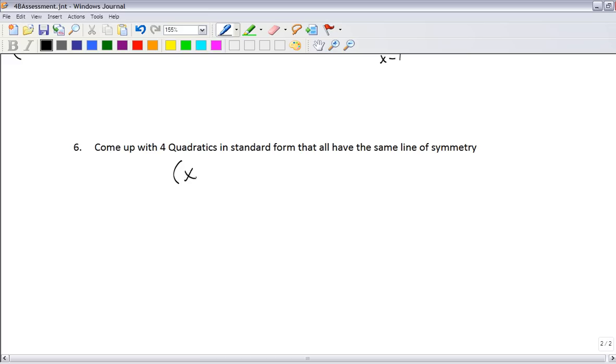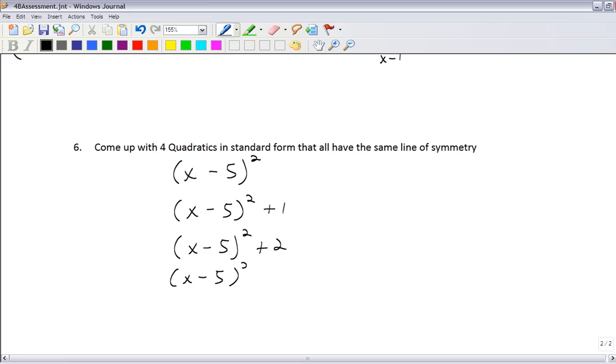So like x minus 5 squared, x minus 5 squared plus 1, x minus 5 squared plus 2, x minus 5 squared plus 3. They all differ by a vertical shift, but they have the same x coordinate of the vertex, right? They're all a lot like x squared, except they're right 5 units. And then they differ by vertical shifts.